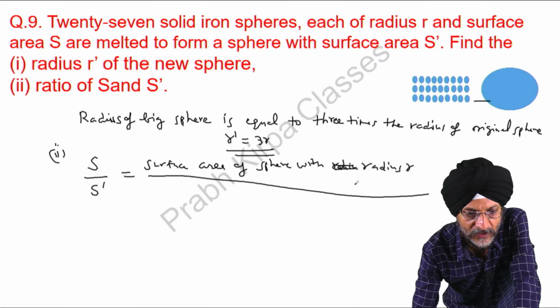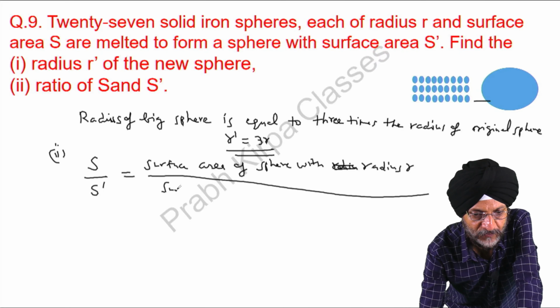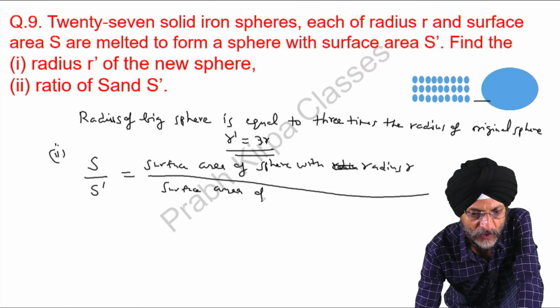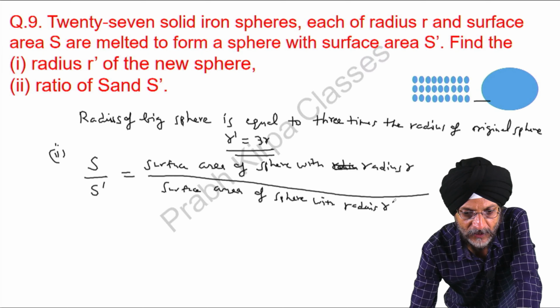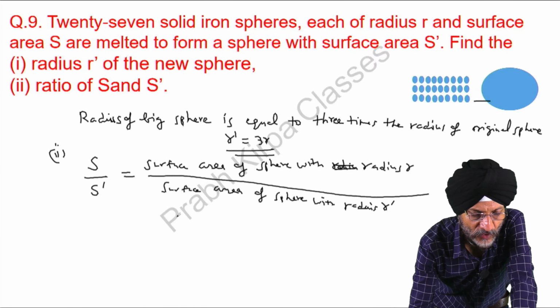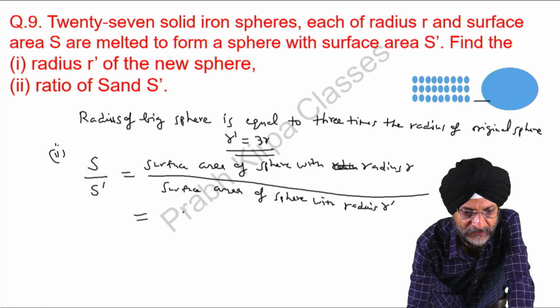And what is s dash? It is the surface area of the sphere with radius r dash. So now we will put in the relevant values.